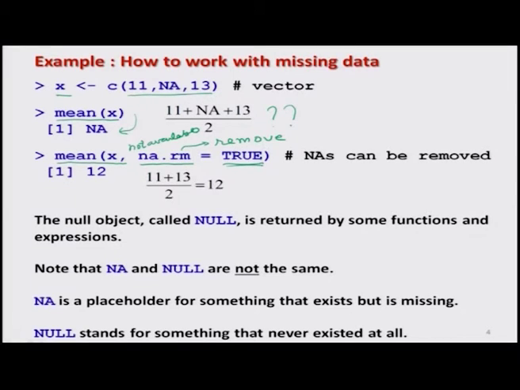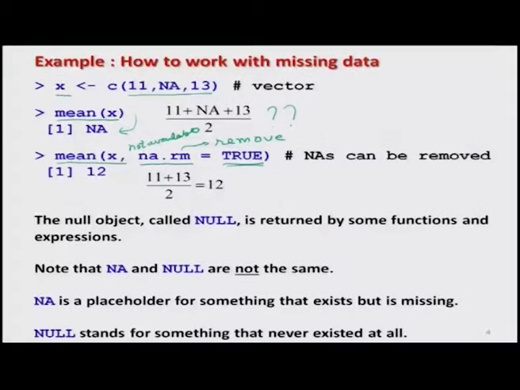This means in case there is any missing value in the data set, please remove it, and I am saying that this statement is correct. So, I am requesting my operator to remove the missing data from the vector and find the arithmetic mean of those values which are available.